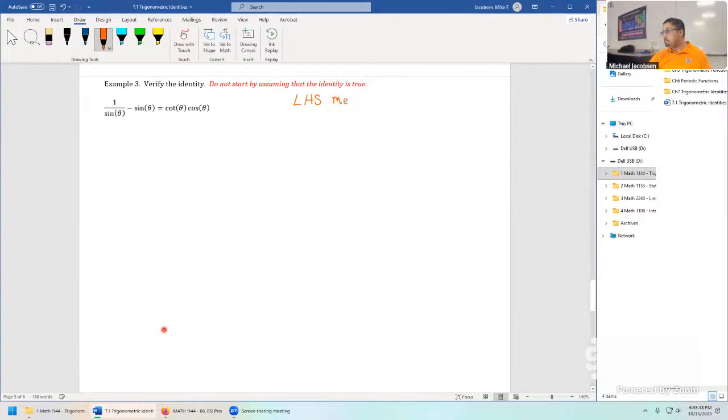This will mean left-hand side, or the left-hand side of the equation. So when you see LHS, that would be this side. This is the left-hand side.